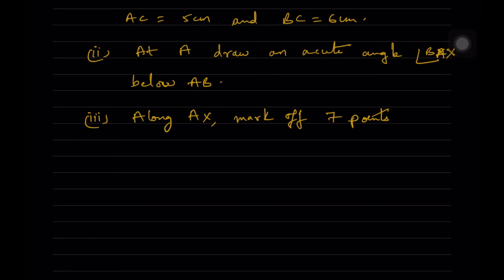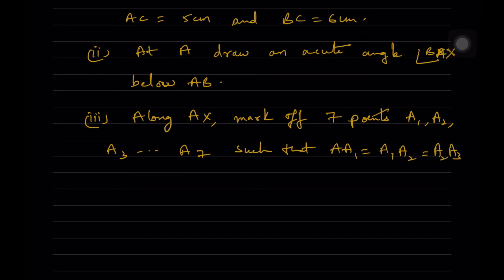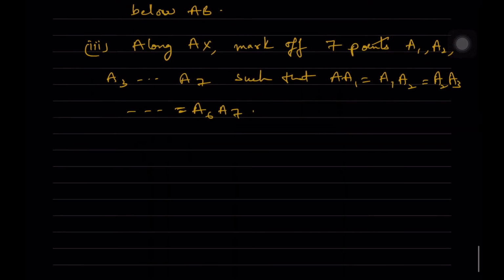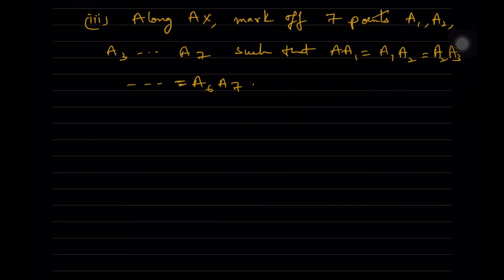So here we mark 7 points, that is A1, A2, A3 and so on up to A7, such that all of them are at equal distance: A A1 is equal to A1A2, equal to A2A3 and so on, equal to A6A7.